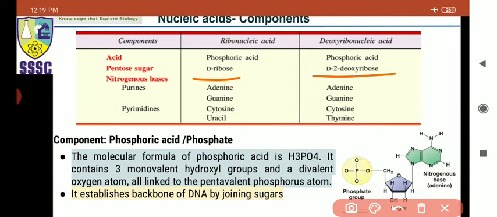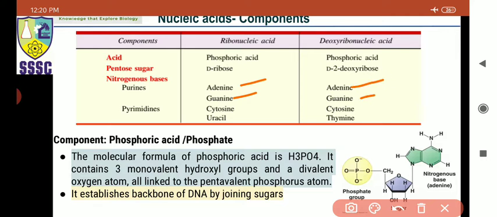Then nitrogen bases. These are the nitrogen bases. The nitrogen bases are mainly categorized into two: one is a single ring structure and another is a double ring structure, meaning pyrimidines and purines. They are of 5 types in total: 2 purines, adenine and guanine, which are found in both.